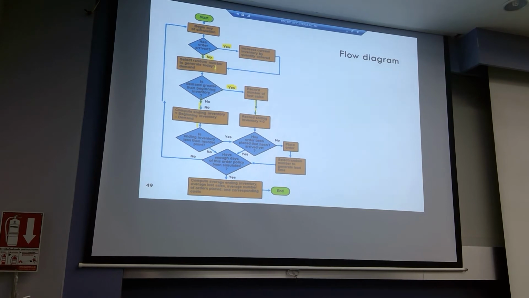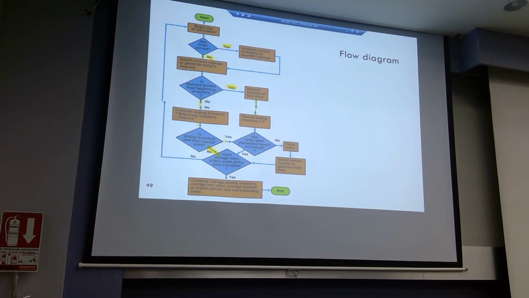So once you have the new ending inventory, you take a look at whether the ending inventory is less than the reorder point or not. Because if it's less than the reorder point, we're going to have to place the order. If it's not less than the reorder point, we just simulate again for the next day until we reach 25 days.